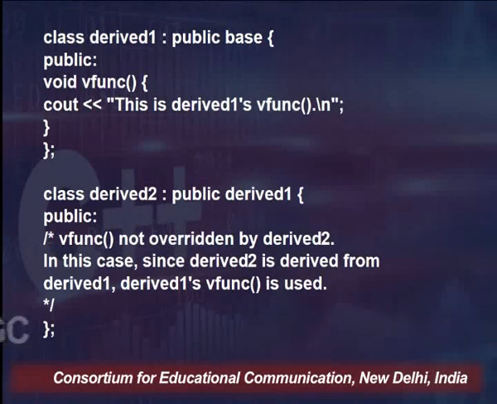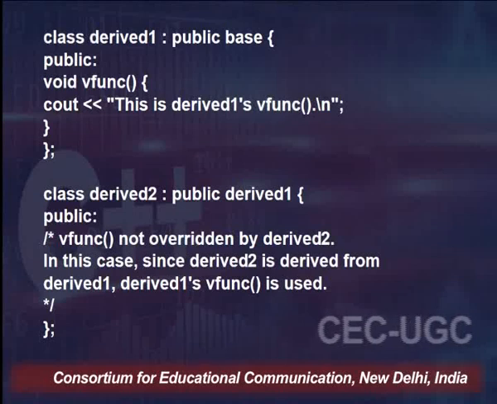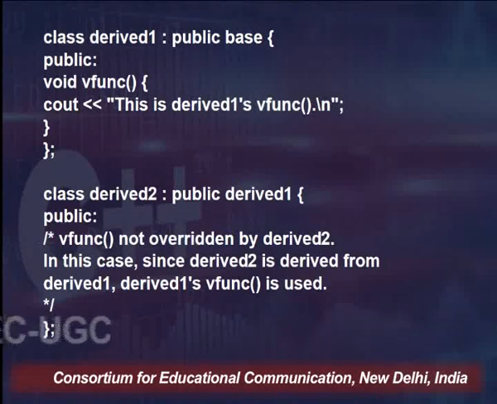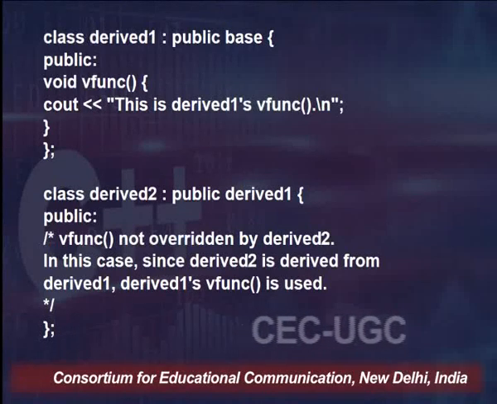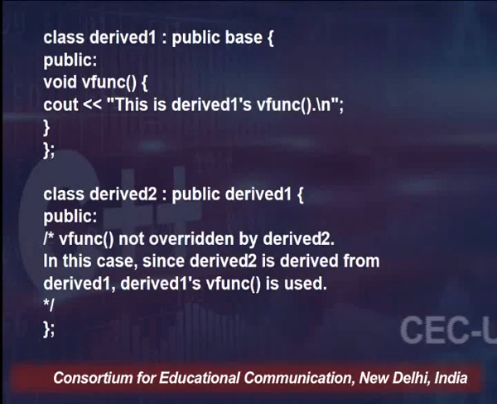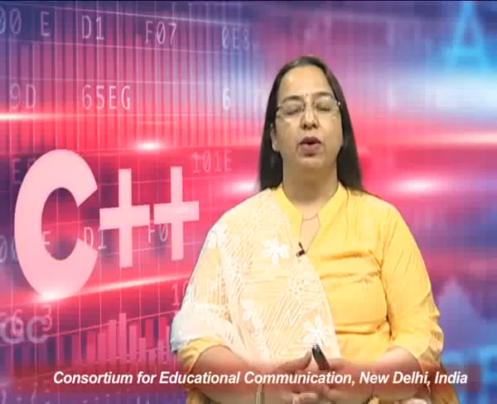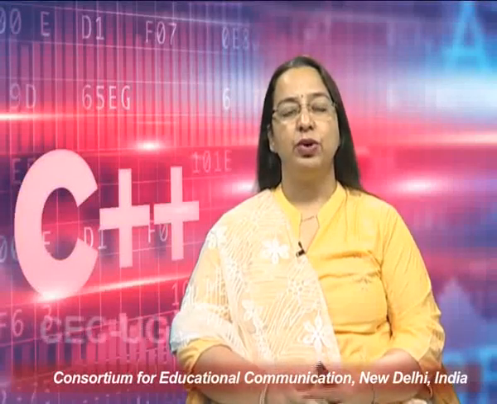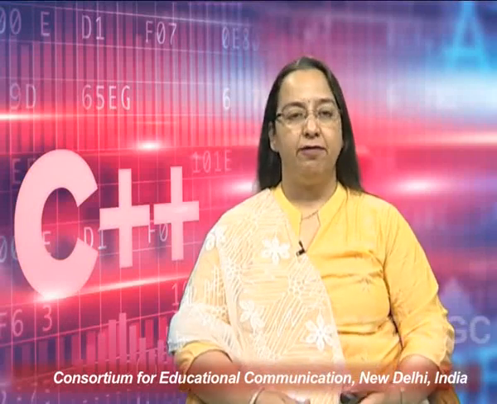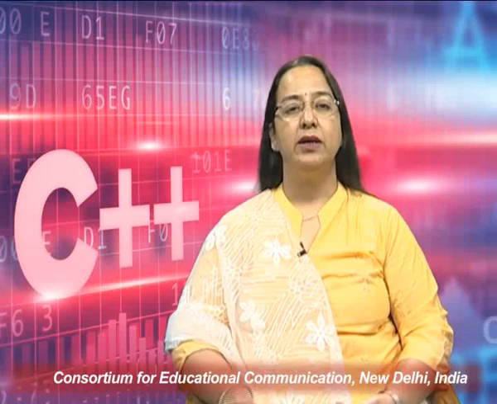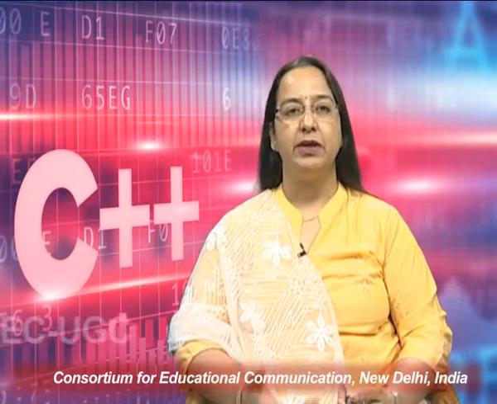That means the statement was class derived 2 colon public base, but here it is not inheriting the base class, instead it is inheriting derived 1, and within the public section there is nothing, because we do not want this class derived 2 to have its own version of vfunc. So, the public section here is empty.